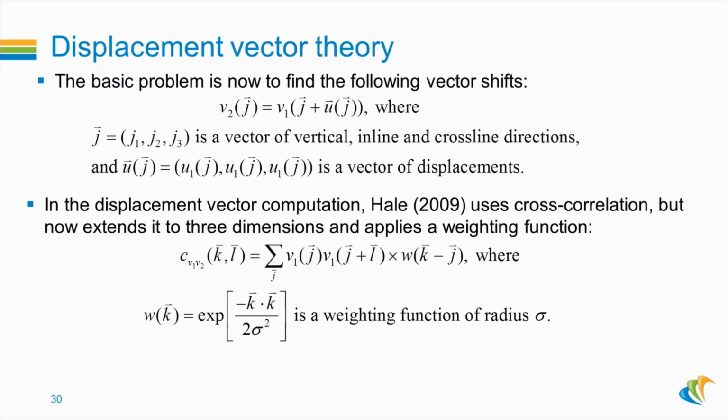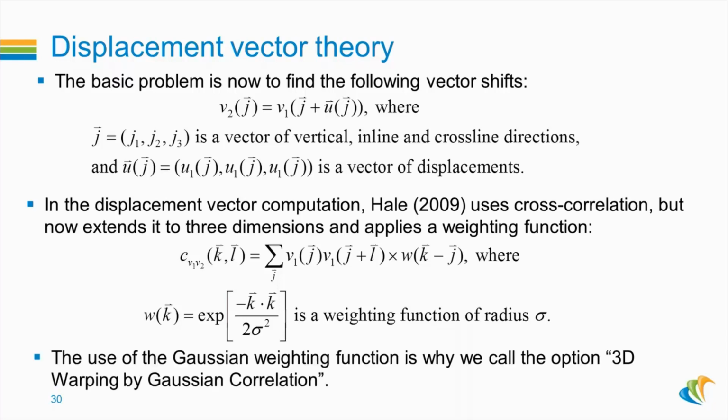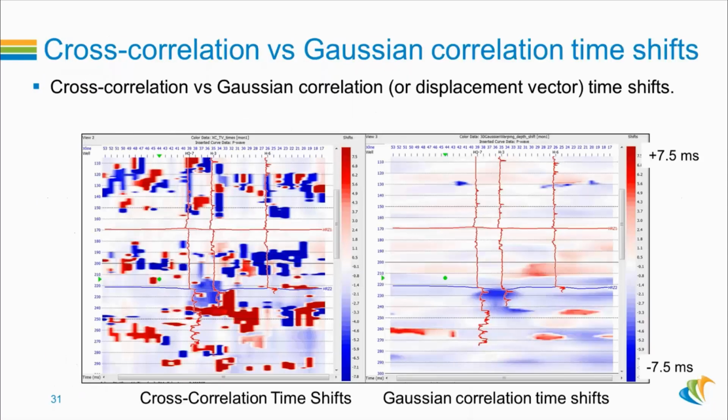It's almost like you're looking at the variance or the standard deviation around the area you're applying it to. So the use of Gaussian weighting is why we call the option 3D warping by Gaussian correlation, but we could equally have called it 3D displacement vectors. In fact, that might have been a bit more descriptive.